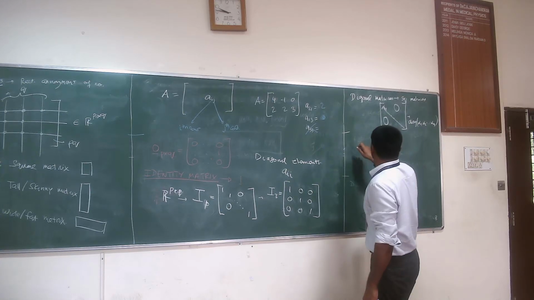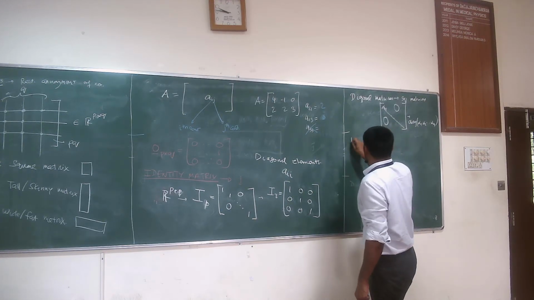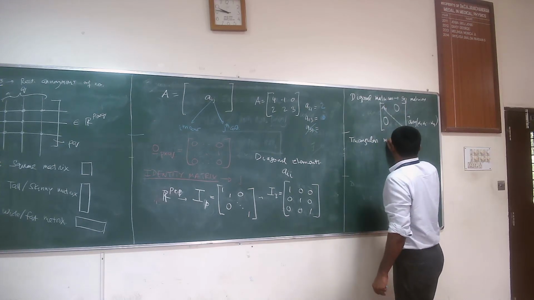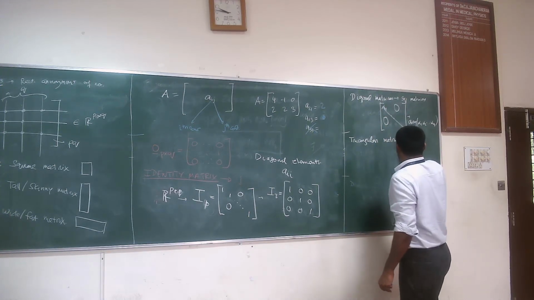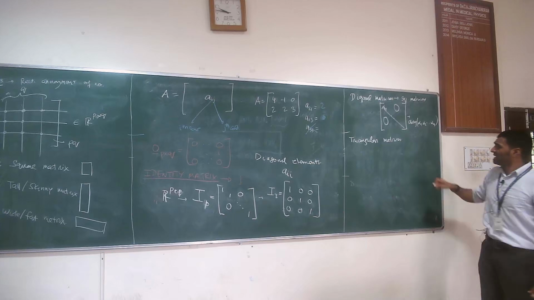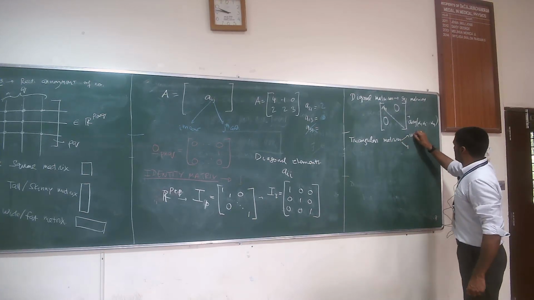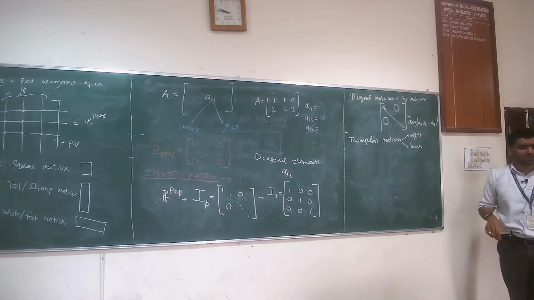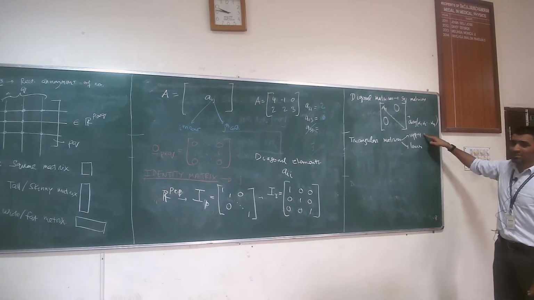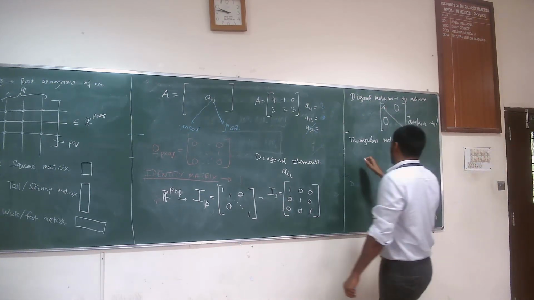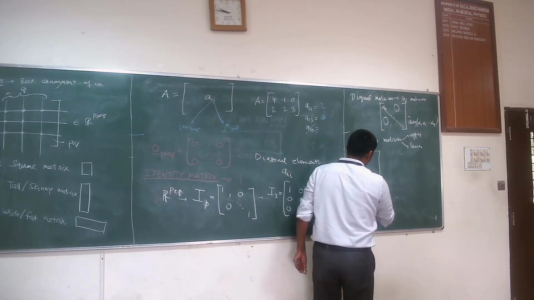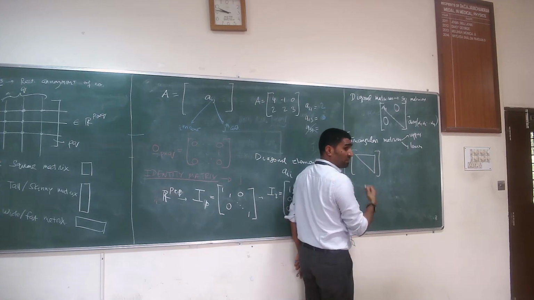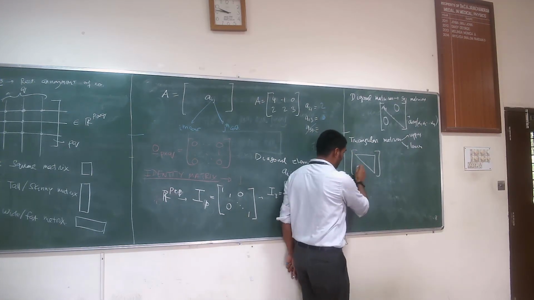Then the other type of matrices that we might come across are called triangular matrices, and there are two types here. You can have upper or lower. These are again square matrices. You say something is an upper triangular matrix if all the elements below the main diagonal of the matrix are 0.